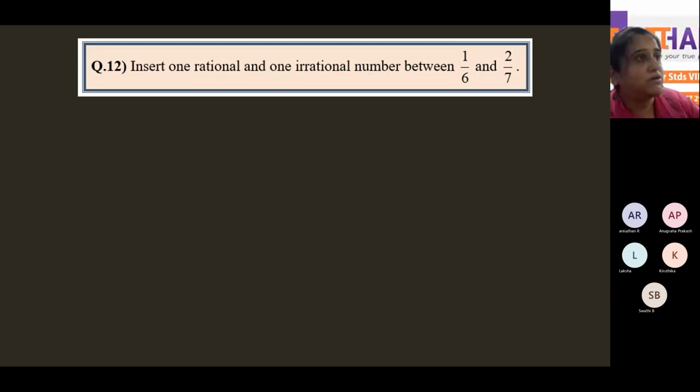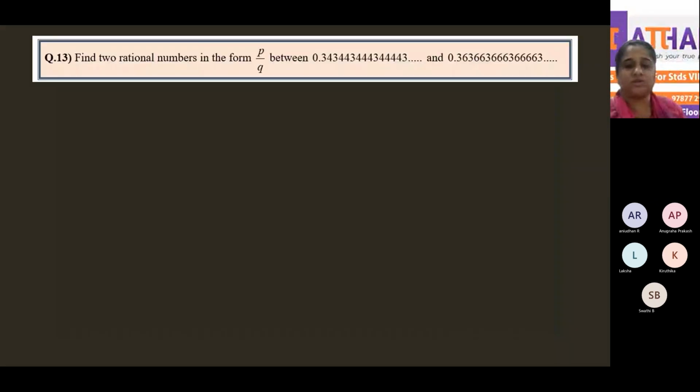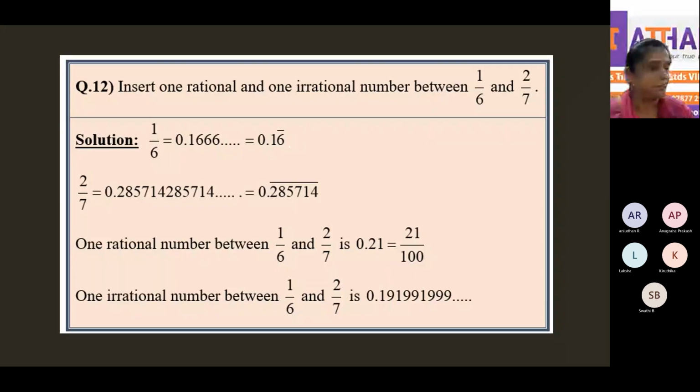To insert an irrational number, you have to find the decimal expansion. I've not shown the division here, but you should be able to find it.